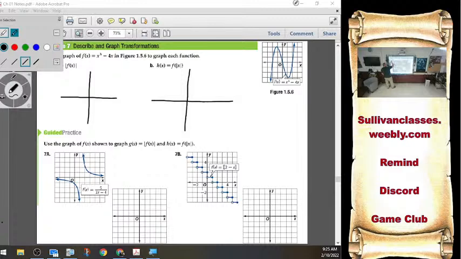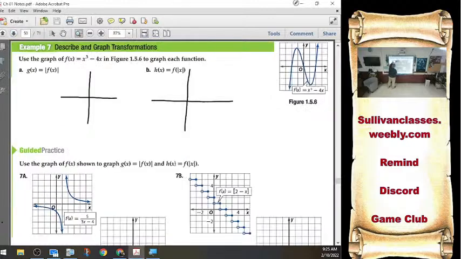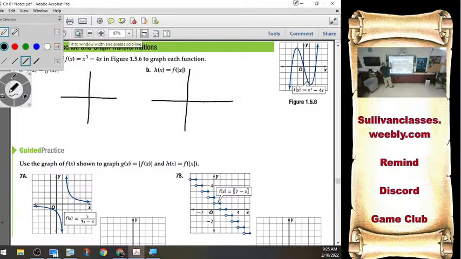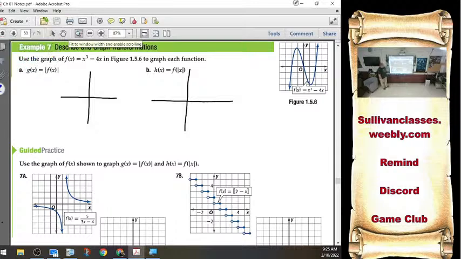Well, suppose, let's make that bigger. There we go. So if I absolute value the entire thing, all the stuff that was down here is going to come up here. Everything that was below comes up top. So I get this.